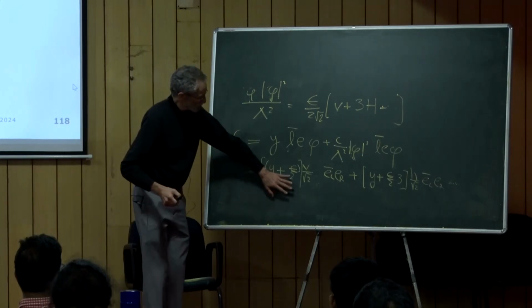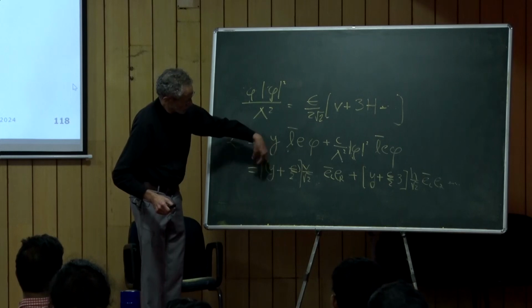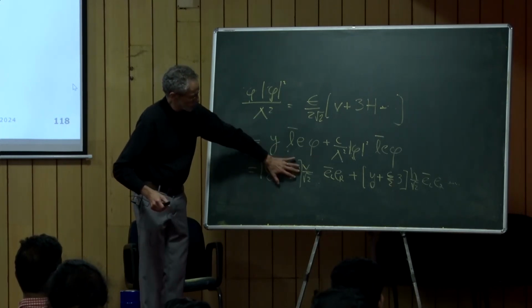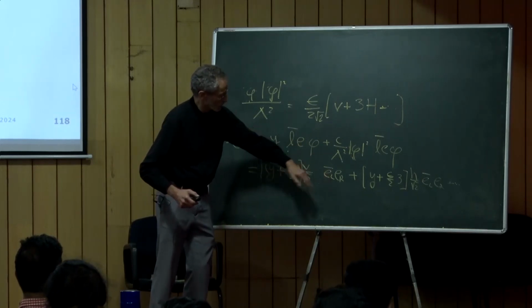So this can be absorbed in a renormalization of Y. Just shift Y. But so this disappears, and so you get the standard expression for the mass of the electron.